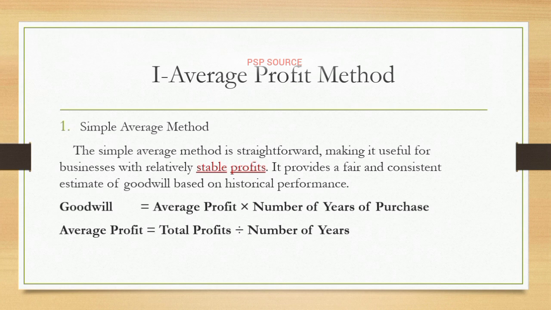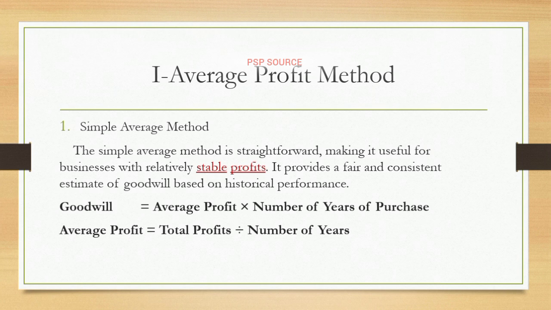So here the first method of the average profit method is the simple average method. The simple average method is straightforward. It is useful for businesses with relatively stable profit. Stable profit means, let's assume I am running a business and I am earning 50 lakh in the first year, for the second year I am earning 52,000, for the third year I am earning 53,000.